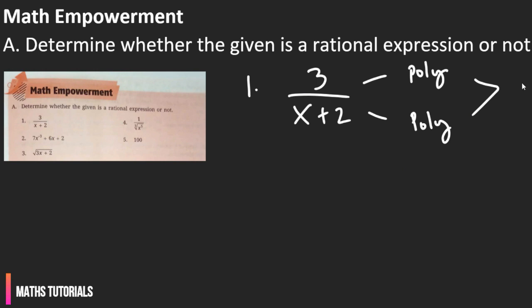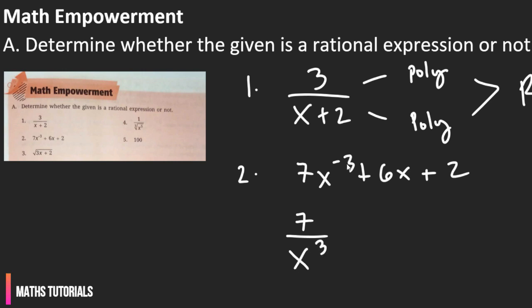Number 2, we have here 7x raised to negative 3 plus 6x plus 2. Since we have here a negative exponent which is not considered a polynomial, it can also be expressed as 7 over x cubed, because negative exponents are not acceptable in a polynomial. So we do something to make it positive. Now we have 7 over x cubed. 6x is also expressed as 6x over 1.